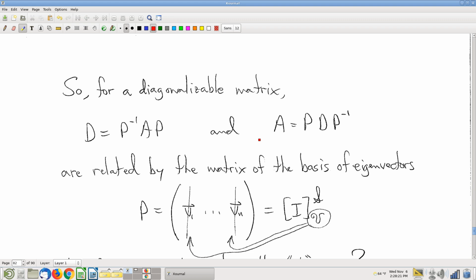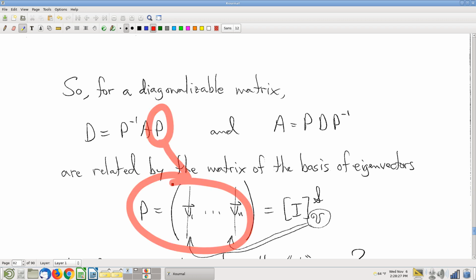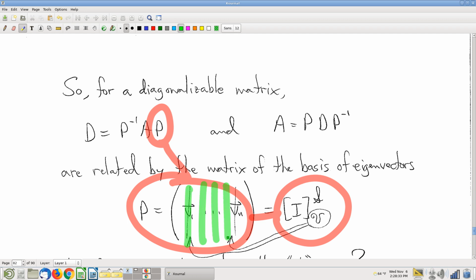Again, you can think about it in terms of conjugates, or alternatively, you can think of this conjugating matrix as a change of basis matrix. And what we showed with those theorems is that the columns of that change of basis matrix are a basis consisting entirely of eigenvectors.